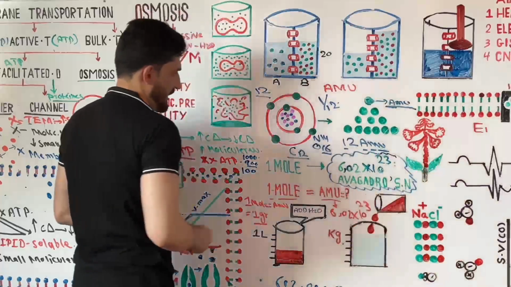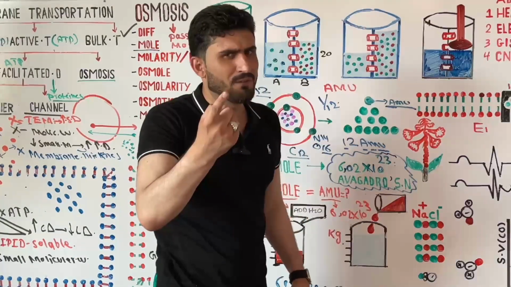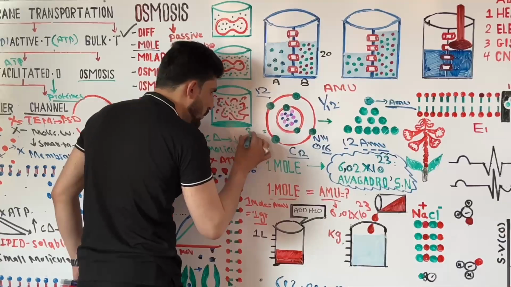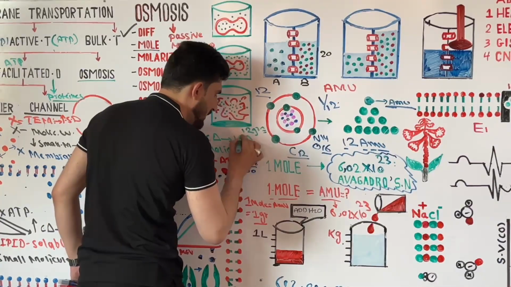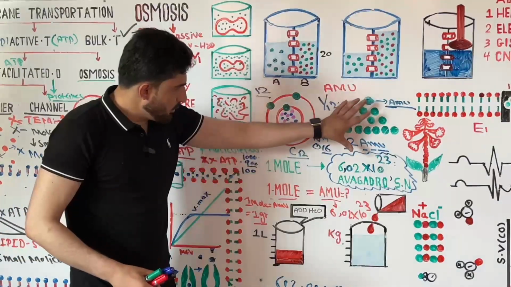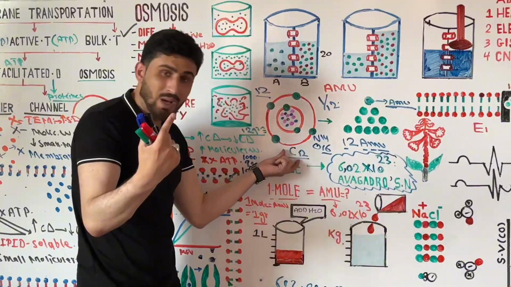So, for example, if I tell you to give me 1 mole of carbon, in gram you will give me 12 grams, because 1 mole of this AMU is 1 gram, and carbon is about 12 AMU.